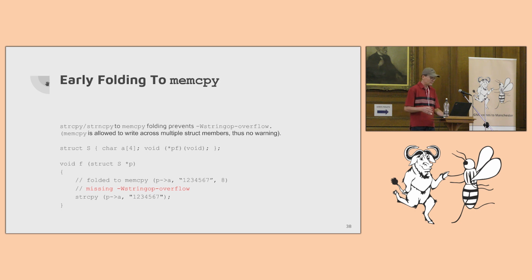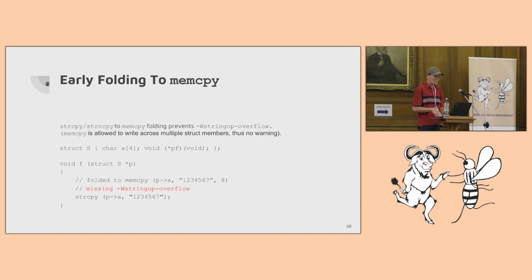Here's another example where folding early, in this case a folding of memcpy, gets in the way of diagnosing buffer overflow, an important security-related problem. GCC folds certain expressions, such as calls to strcpy, into calls to memcpy. The strcpy call has access to the provenance of the pointer, in other words, the sub-object, which is the array A. It has 4 elements here. The memcpy call is explicitly excluded from these constraints.